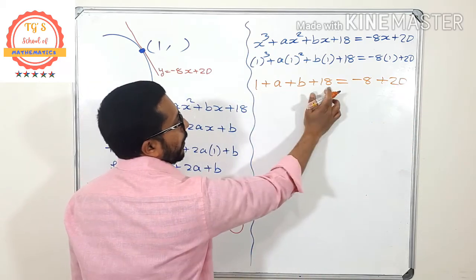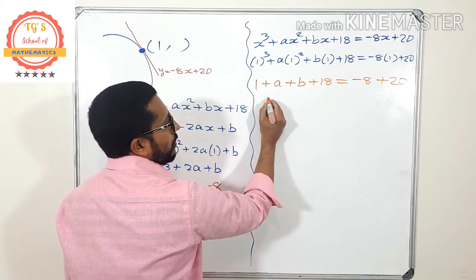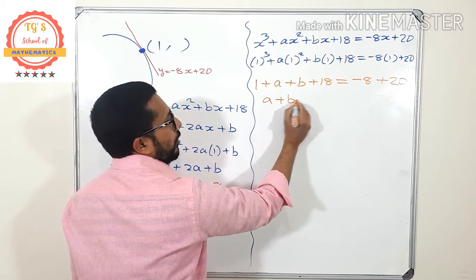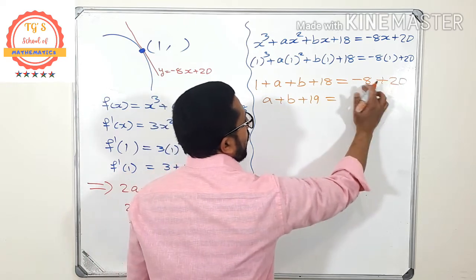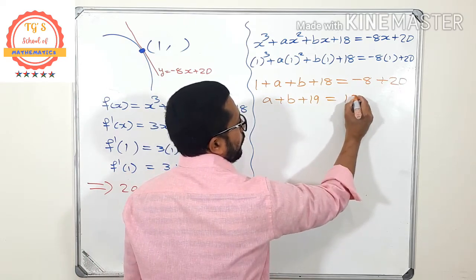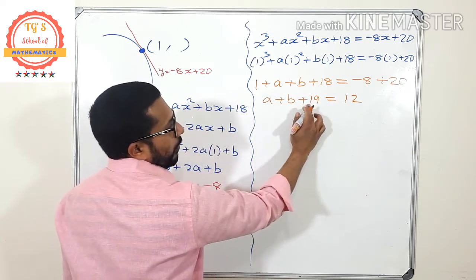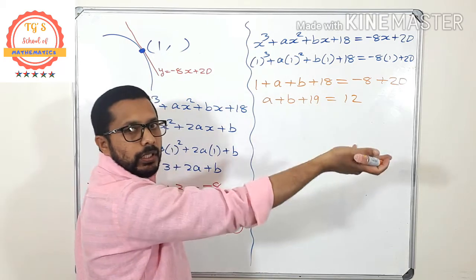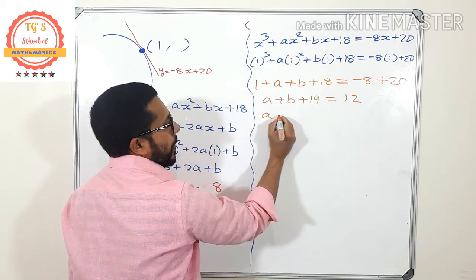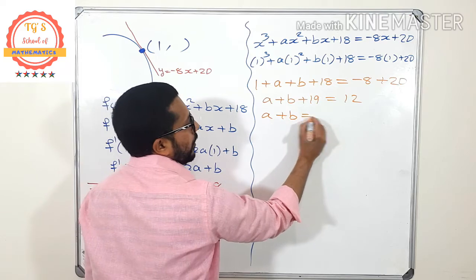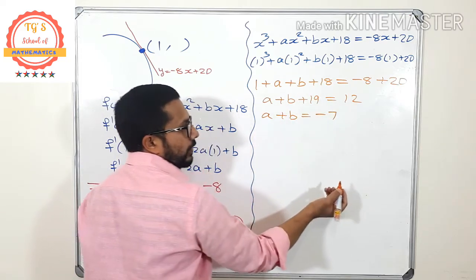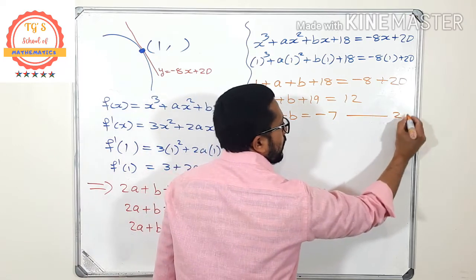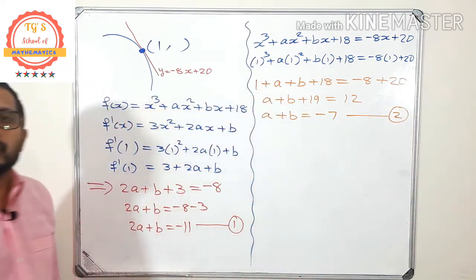So this 1 plus 18 is 19. So a plus b plus 19 is equal to, this one is 12. So now I am going to take this 19 to the other side. So what is that one? a plus b is equal to 12 minus 19, that is minus 7. Let me call that equation number 2.